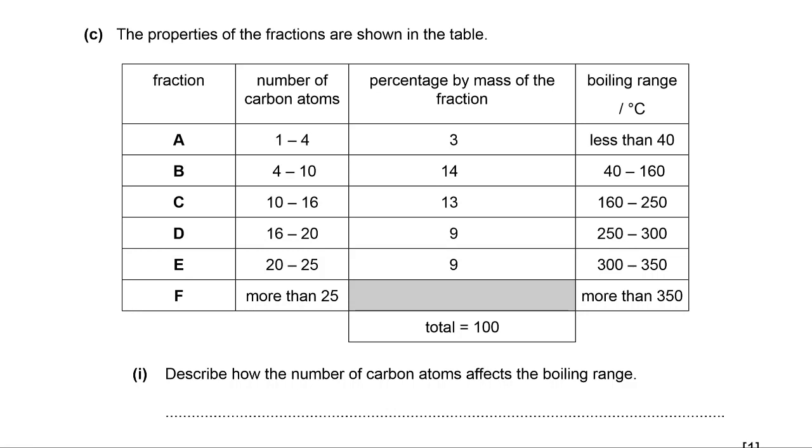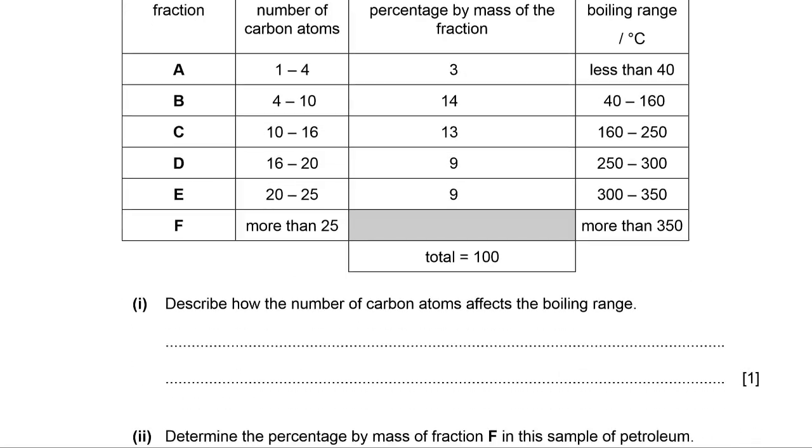As we have explained, the higher the boiling point, the greater the number of carbons. So it's very clear here. You can see fraction E, the number of carbons ranges between 20 to 25, and the boiling point ranges between 300 to 350. So the one with more carbon atoms has the highest boiling point.